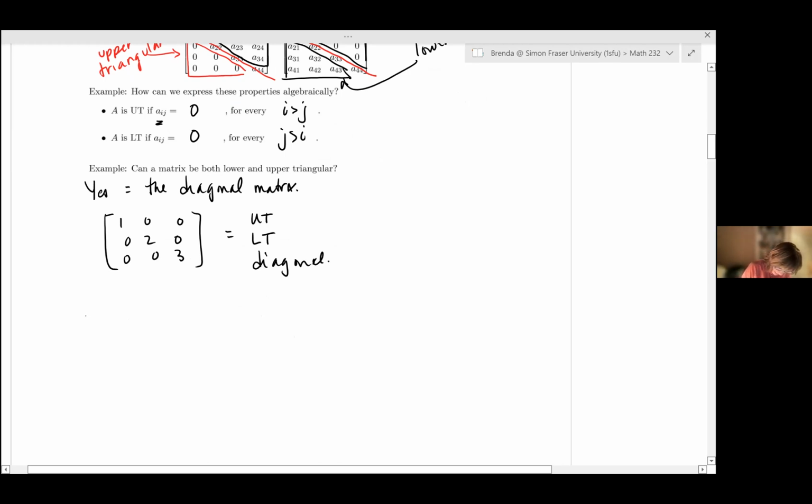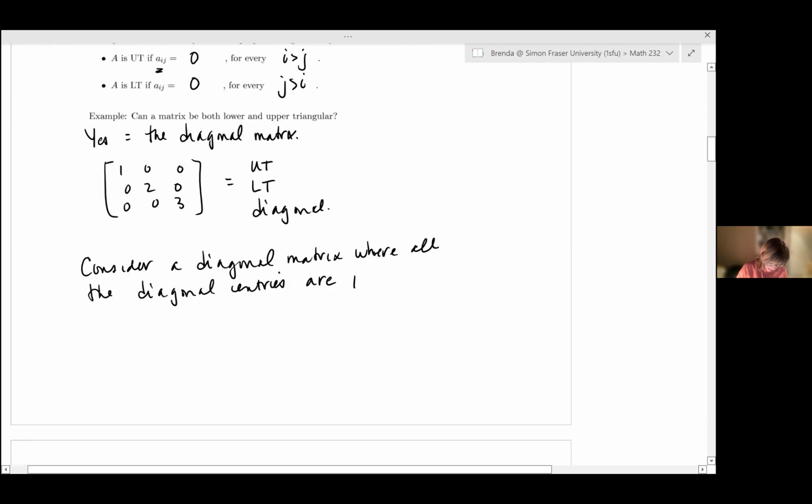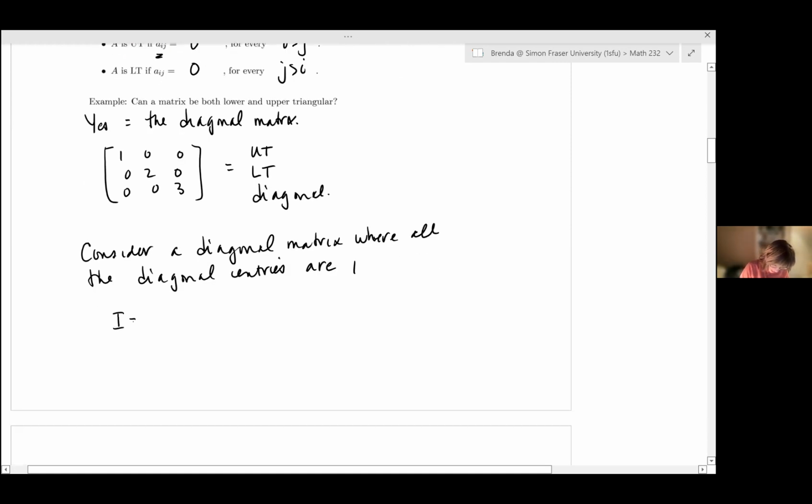So now let's consider a diagonal matrix where all the diagonal entries are 1. Let's just take, I'm going to call it I. There's the 2 by 2 flavor of that.